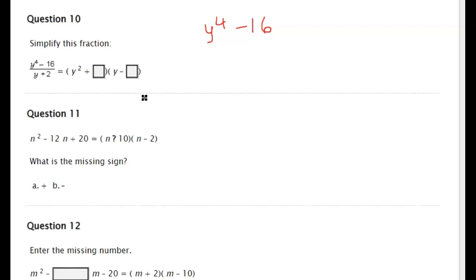We're going to identify a and b. So a is just the square root of this first term, y^4, which is y squared. And then b is the square root of your second term, the square root of 16, which is 4.